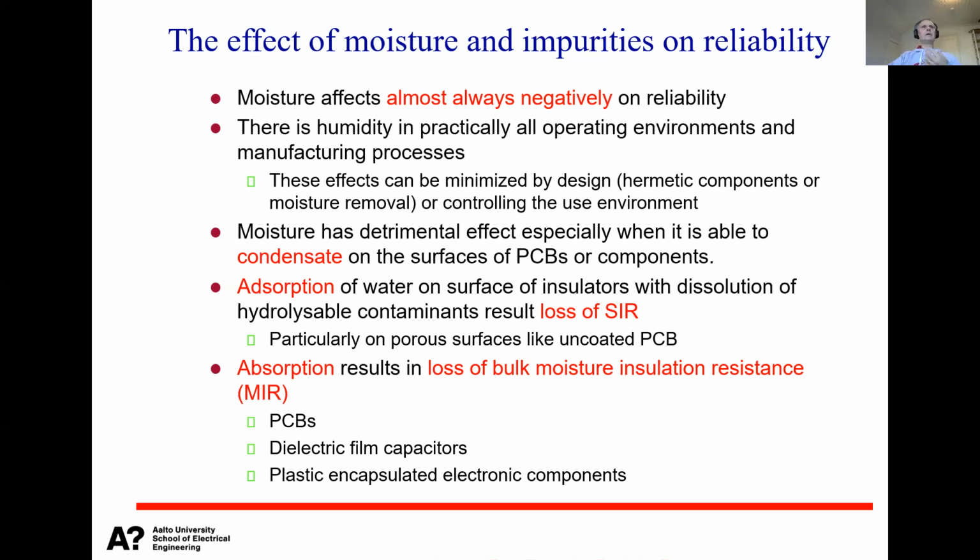So you need to know that, as in corrosion failures, also in humidity related failures the first question is: do I need to do something? Because there are solutions to minimize the effects of moisture and impurities, but they always cost money.